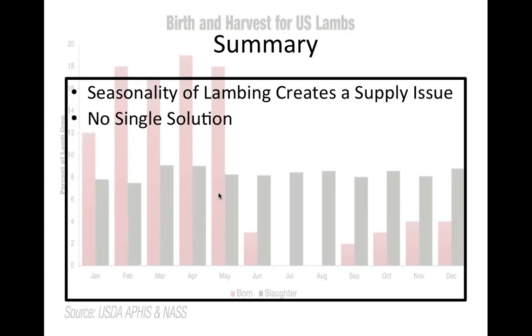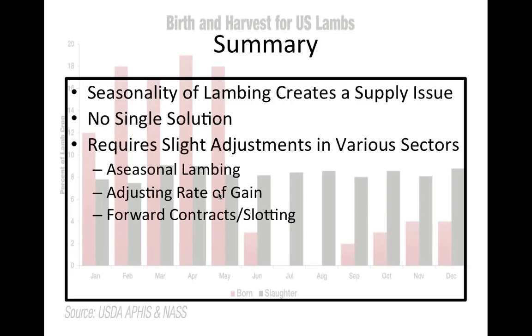I hope that you gain from this that there is no single solution. 50% of the industry doesn't need to change to aseasonal lambing tomorrow, nor could they. The solution requires slight adjustments in various sectors of the industry to get a more even supply of lambs. That's going to come from some people moving to aseasonal lambing.